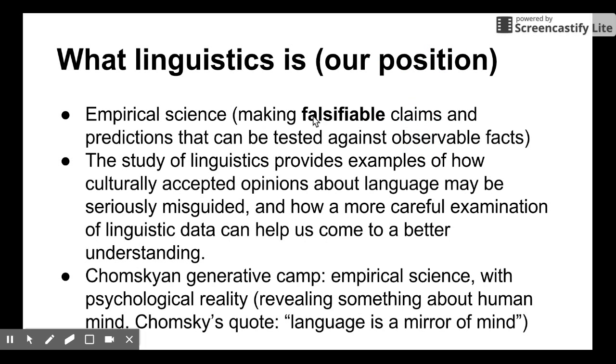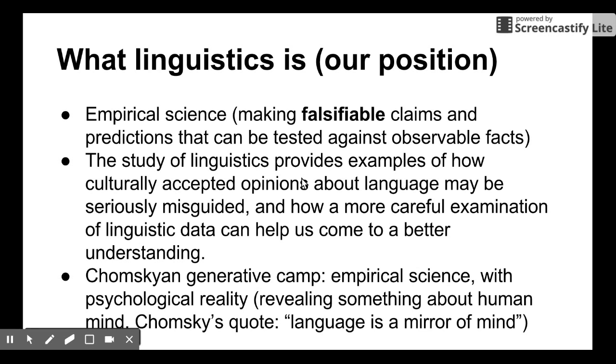So let's talk about our position on what linguistics is. For this course, we are going to hold these assumptions. Linguistics is an empirical science. We are going to make falsifiable claims and predictions that can be tested against observable facts, so we can have some facts to support or falsify the claims we want to make.